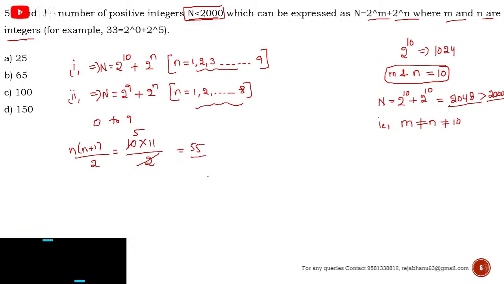Is this clear? I hope it's clear. It's 55. Actually, the option is mistakenly given. It is 55. Is this clear, everybody? Kindly reply.